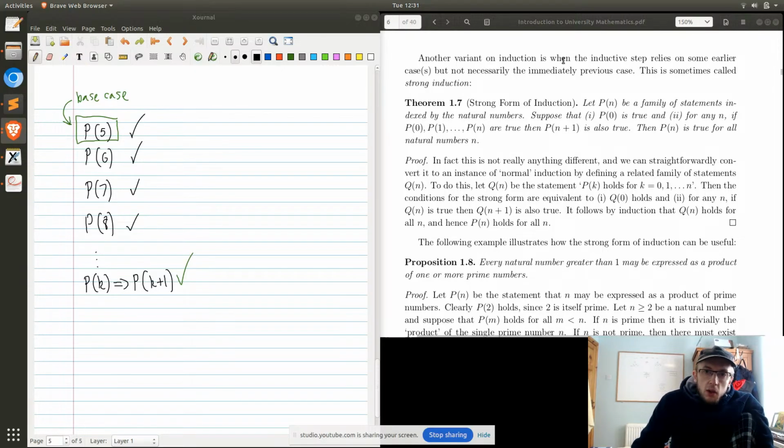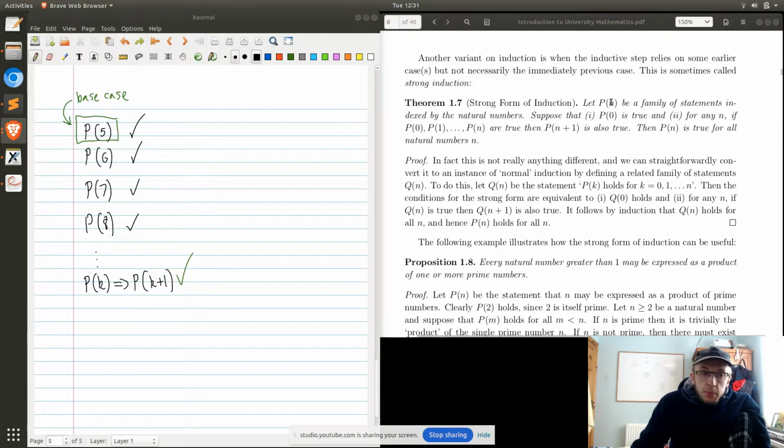Another variant on induction is when the inductive step relies on some earlier cases, but not necessarily the immediately previous case. This is sometimes called strong induction. Theorem 1.7, strong form of induction. Let P of n be a family of statements indexed by the natural numbers.